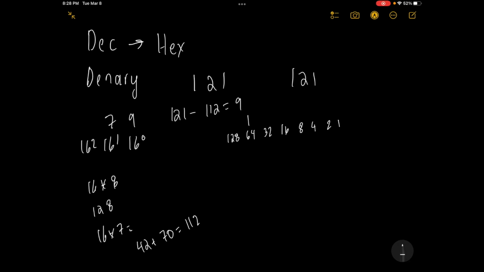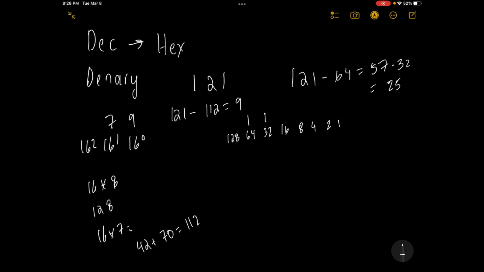121 minus 64 is going to be 57. So we're going to have that. Let's just make sure that's right. Yeah, it's going to be equal to 57. And then we're going to put 1 for 32, so minus 32. That's going to be equal to 25.